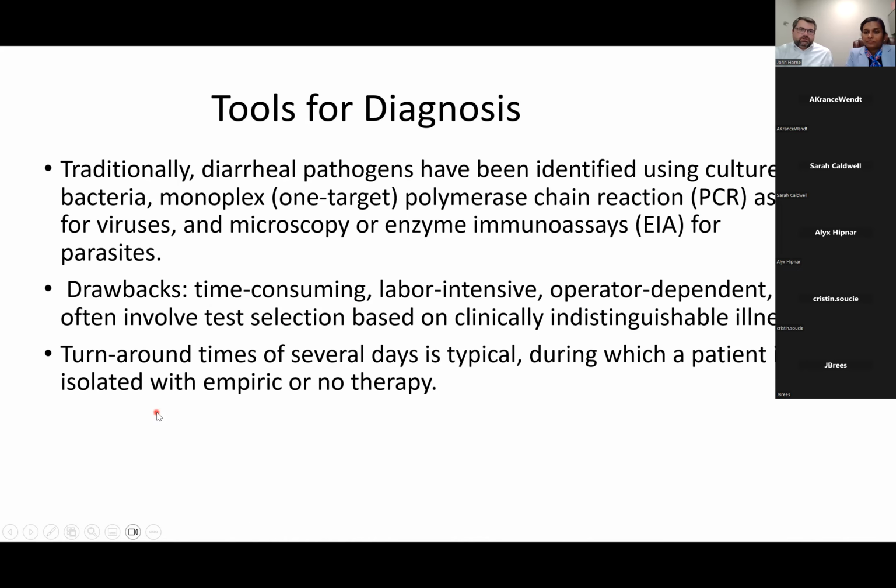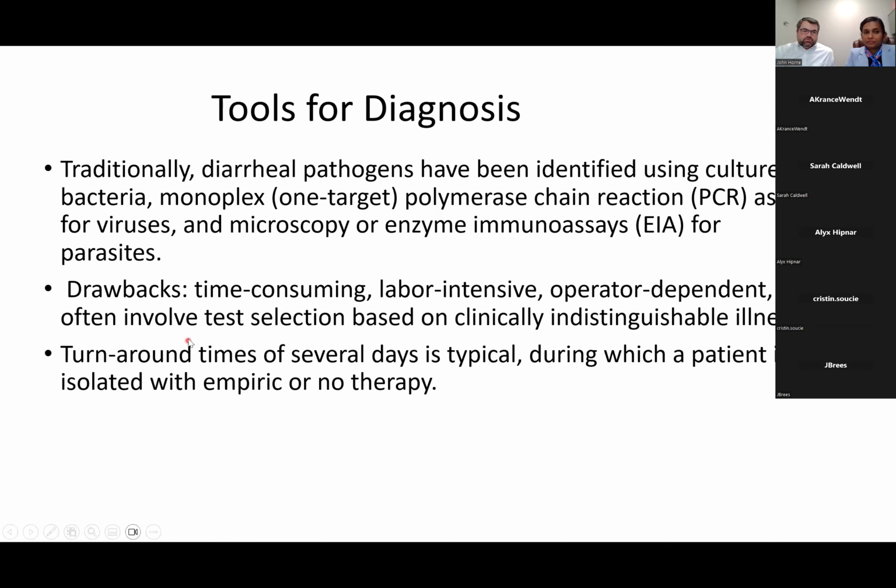And then as far as diagnosis, traditionally it takes a long time to identify something. Because it can take so long and nobody likes working with stool, some things have come along that make it a lot easier to identify them faster.